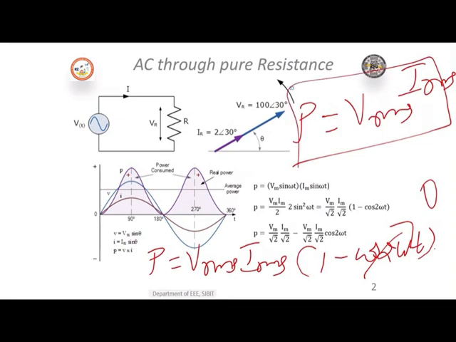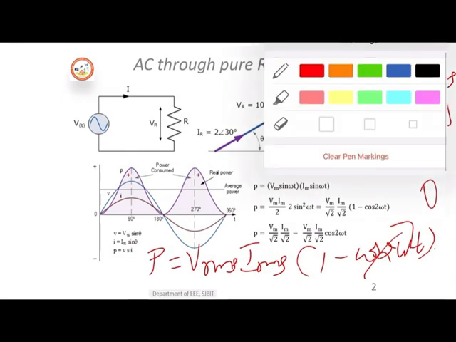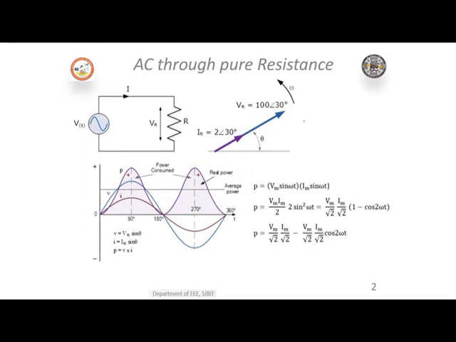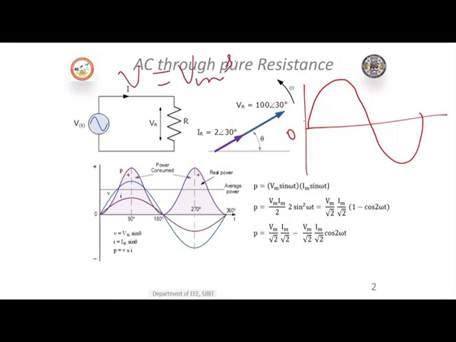Now if you want to write the waveform for this, let us consider this. First let us write the waveform for the voltage. Since we have V equal to Vm sin omega t, when omega t is 0 it will be sin 0, and anything multiplied by 0 will be 0.